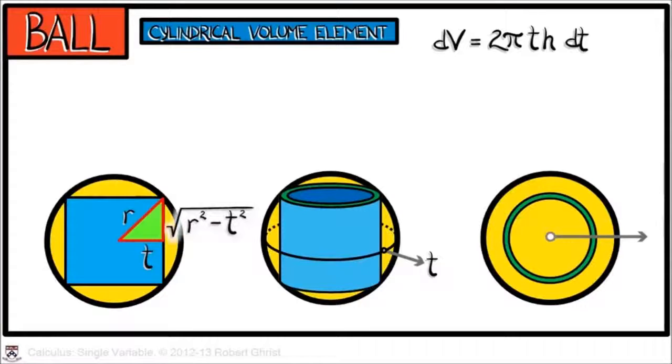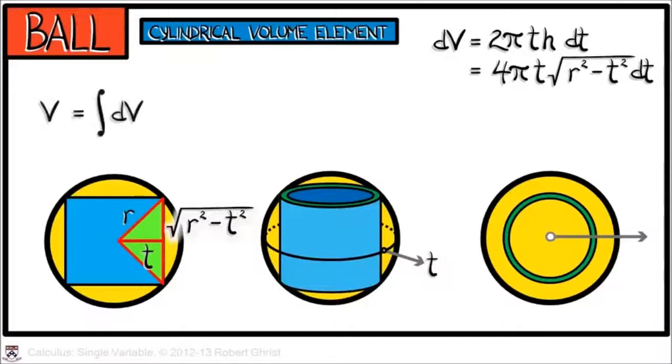The height is given by Pythagoras as the square root of r squared minus t squared. But that's the height of the triangle. The height of the cylinder is this doubled. Hence, our volume element is 4 pi t, square root of r squared minus t squared dt.